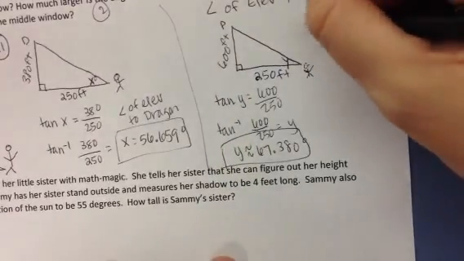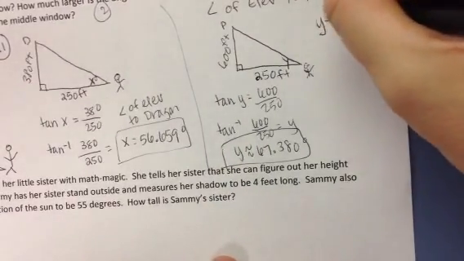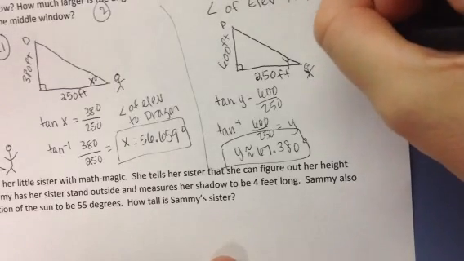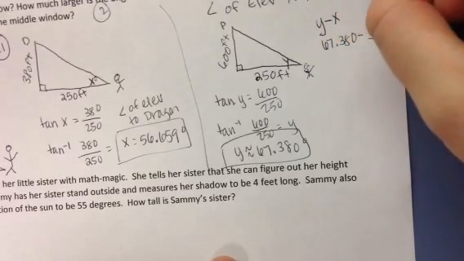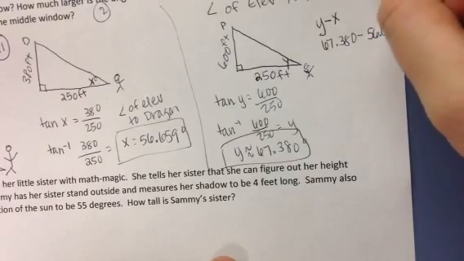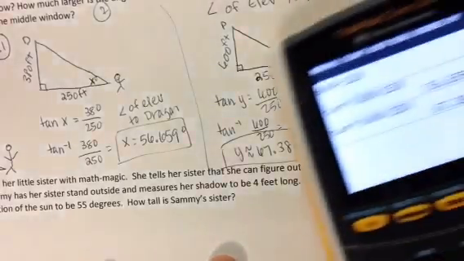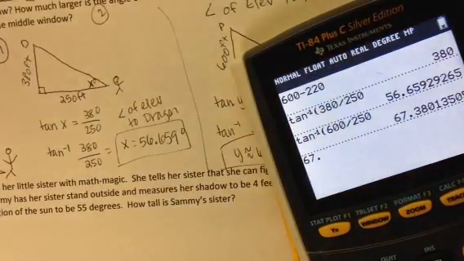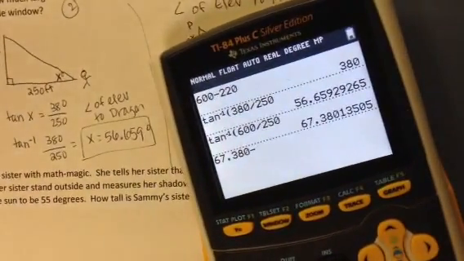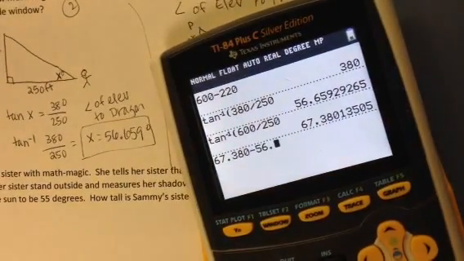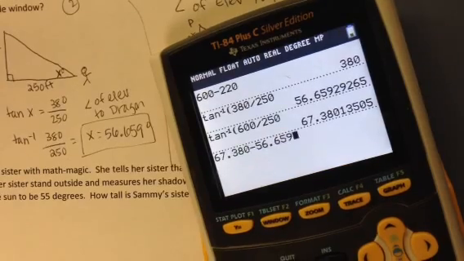So to answer this question, we would do Y minus X, and we would say 67.380 minus 56.659. We're finding the difference of those angles. I'm going to use my calculator so I don't make a math mistake. So minus 56.659.